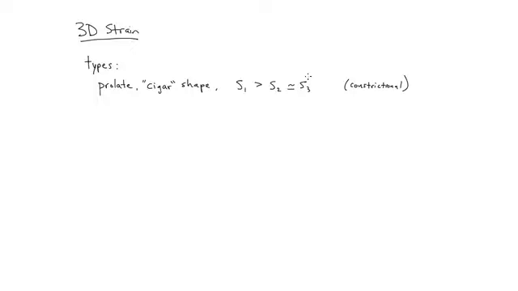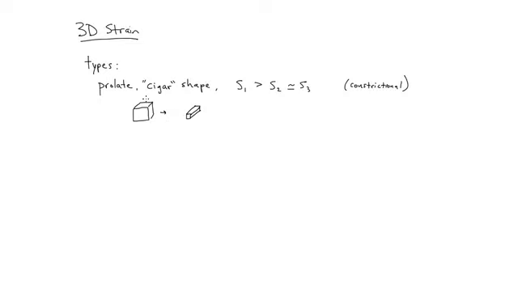Okay, so for constrictional, we start out with a cube and we end up with a pencil. Let's try that again. There we go, a little bit of a pencil, okay?